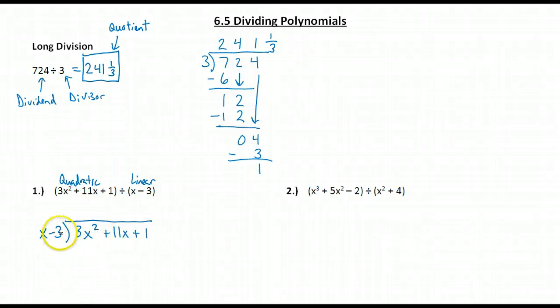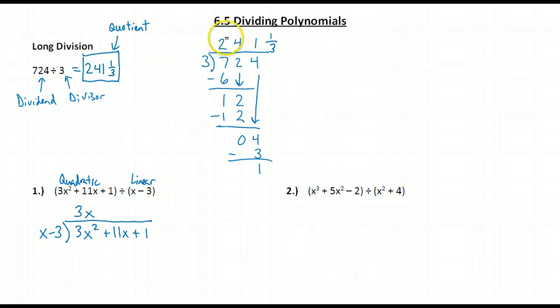I'm going to ignore this minus 3 and I'm going to ignore the plus 11x plus 1 and look at just the leading coefficients. So how many times does x go into 3x squared? What do I need to multiply x by to get 3x squared for an answer? Well, I'm going to need a 3 and an x, because 3x times x is 3x squared.